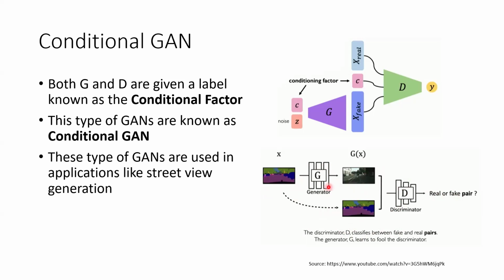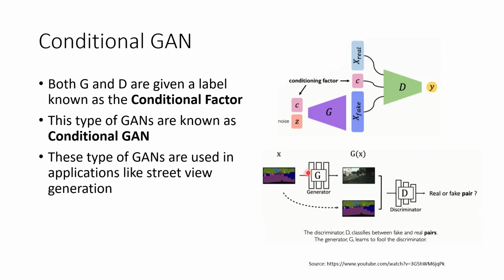So with this, you can create a generator which can generate real street views from a classified image, or create a classified segmented image out of the original street view, and so on, right?